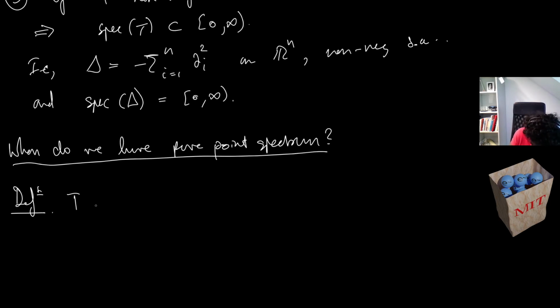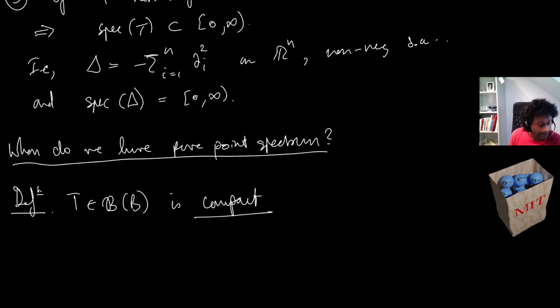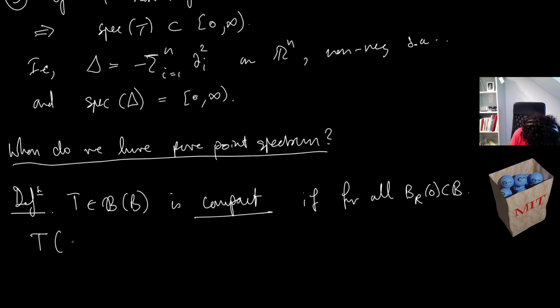So T, a bounded operator, is called a compact operator if for all balls of radius r in the Banach space B, the image of T acting on this ball of radius r is pre-compact.